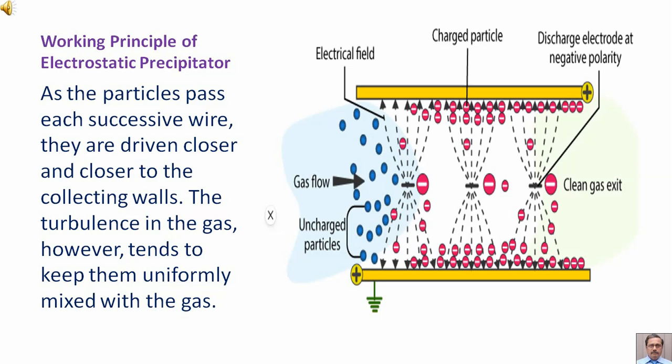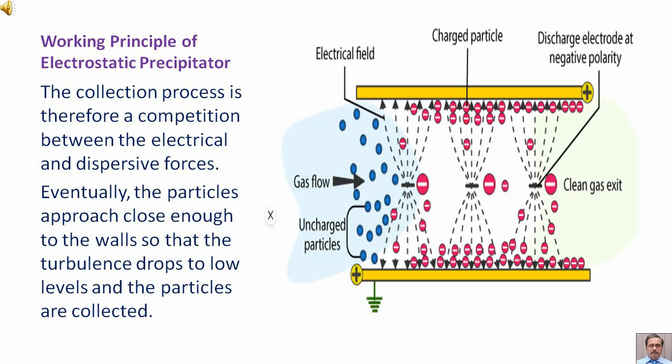As the particles pass each successive wire, they are driven closer and closer to the collecting walls. The turbulence in the gas, however, tends to keep them uniformly mixed with the gas.